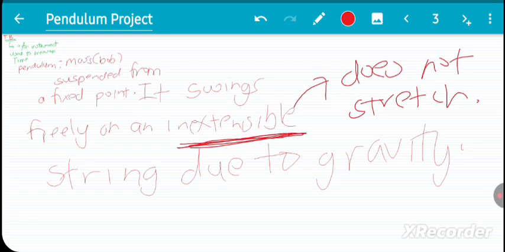You don't want a string that is elastic, in the sense that that string is going to give you false readings. So this string should be able to swing freely. The pendulum or the bob should be able to swing freely on an inextensible string, and it swings due to gravity because you have a mass or a bob attached at the end of that string.